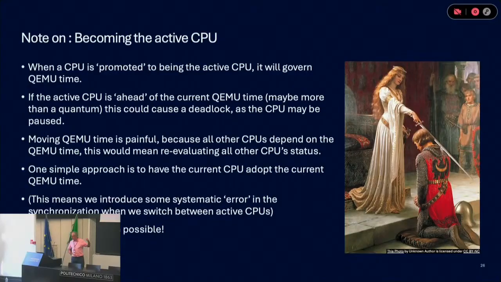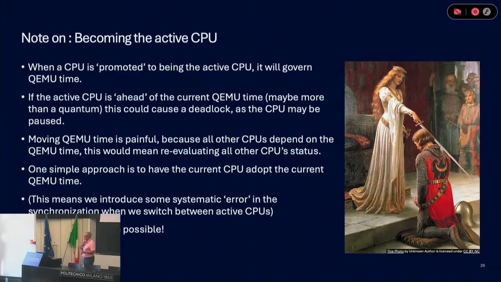So some of these quote-unquote rules come from the notion that we want to just keep time ticking forwards. There's an exception to that, which is that when a CPU becomes the chosen one, at the moment, we are suggesting that it adopts instantly whatever you currently consider as QEMU time.